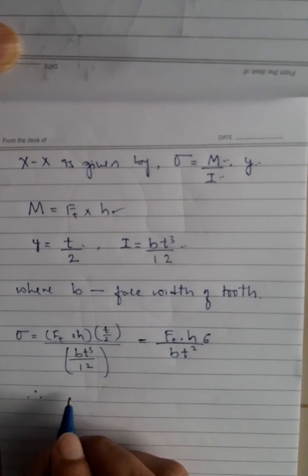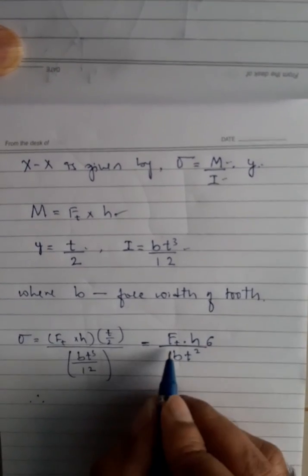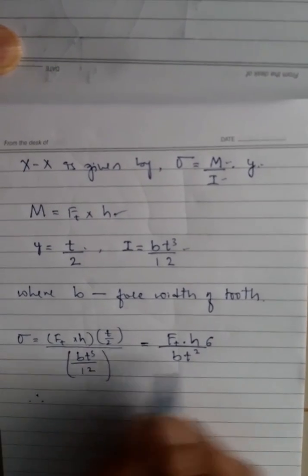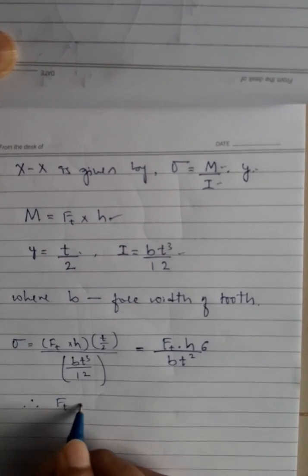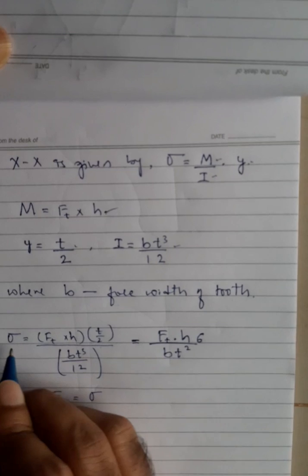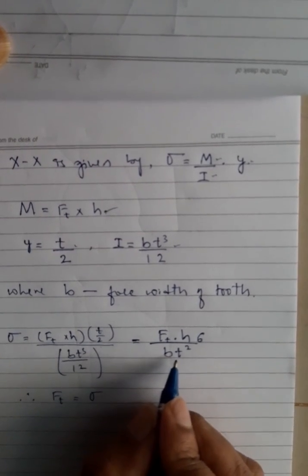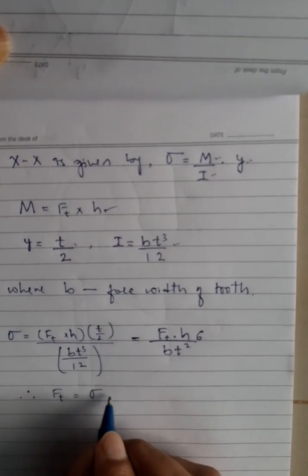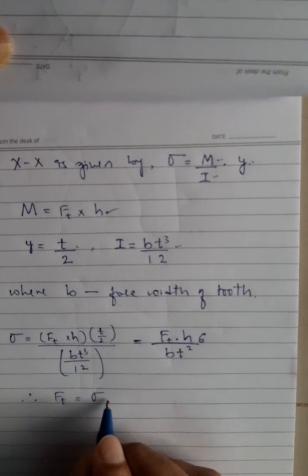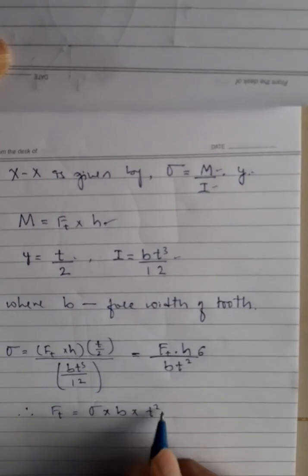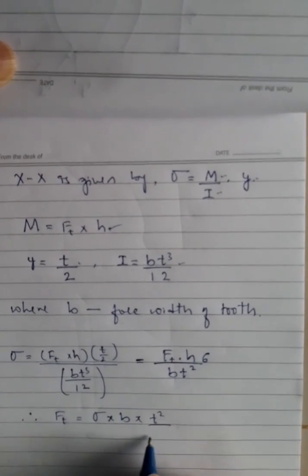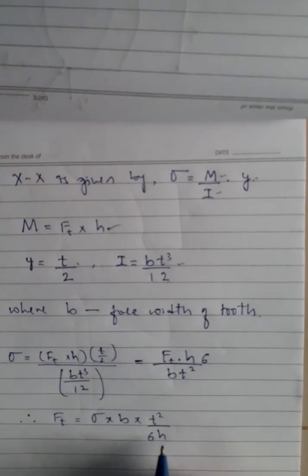Therefore, for tangential force, this equation can be rewritten as Ft is equal to sigma into b into t squared by 6h, bringing this denominator to this side and further simplifying.